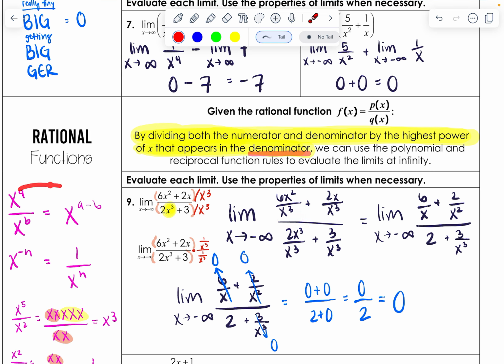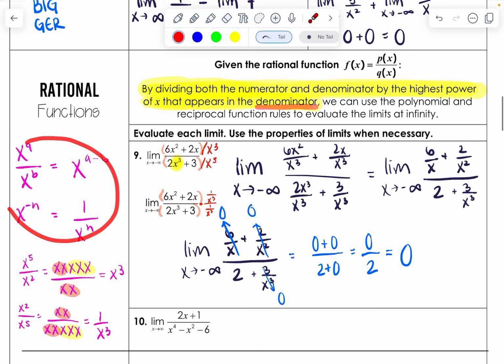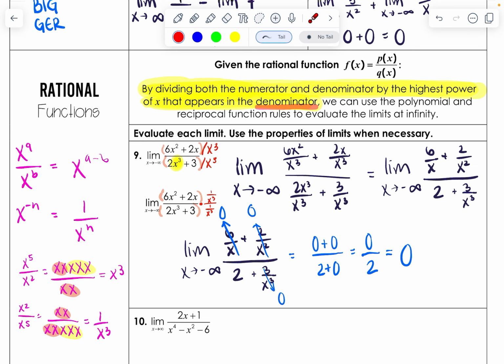You can use these two rules, but I like to just imagine it like this, instead of thinking, oh, 2 minus 5 is x to the negative 3, and then having to think, oh, x to the negative 3 is this. It's just, okay, 2 x's are going to cancel, so you're left with 3 in the bottom. So in this case, we're left with 1 x in the bottom. This case, we're left with 2 x's in the bottom. This case, we're left with no x's. And in this case, nothing simplifies.